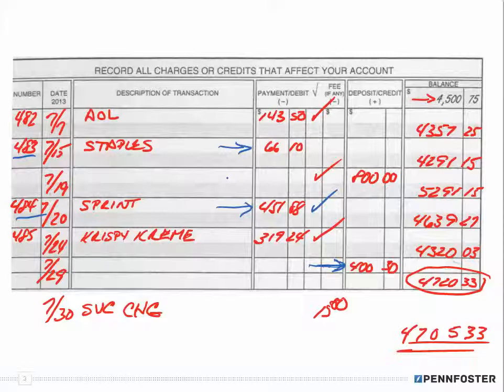I have to keep on bringing that forward. In other words, in that next reconciliation, I would still have check number 483 in the amount of 6610, and I would keep carrying it forward from month to month until that issue was resolved. And that issue might be resolved by saying I put a stop payment on the check and I reissue another one.